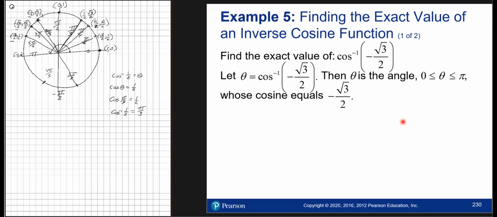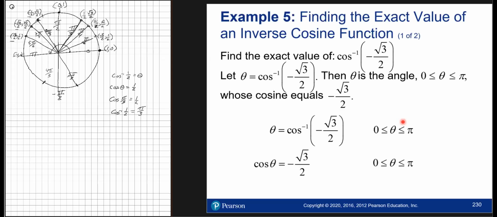And so that's all we're doing. We're looking at what angles in that domain from 0 to pi have a cosine of a negative square root of 3/2.